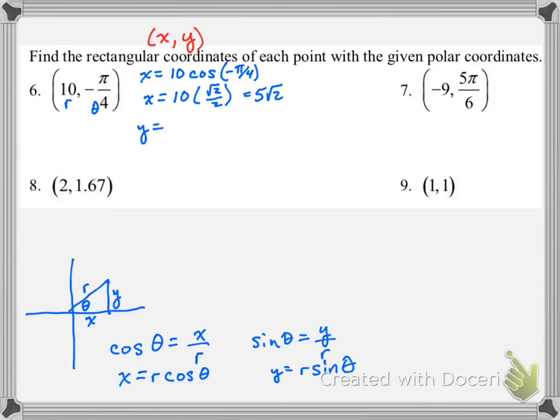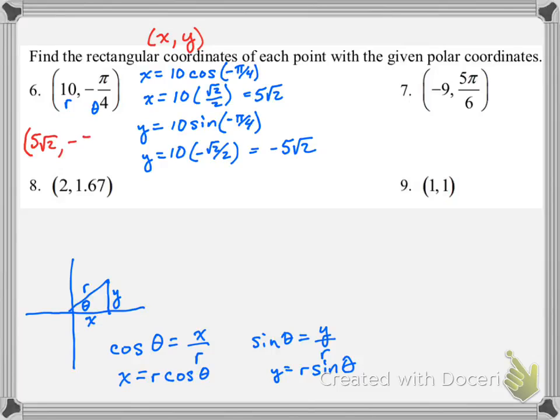We know y is equal to r times the sine of theta, so -pi/4. The sine of -pi/4 is -√2/2. Multiplying that by 10 gives us -5√2. Putting those into coordinate form, it would be x, comma, y.